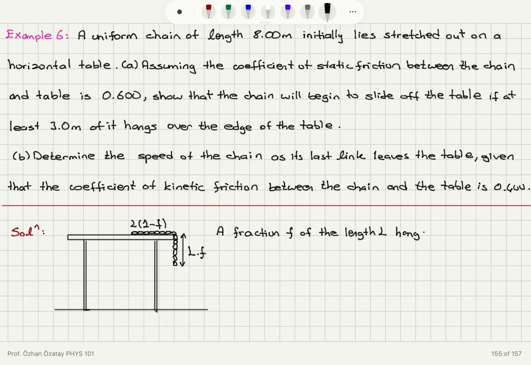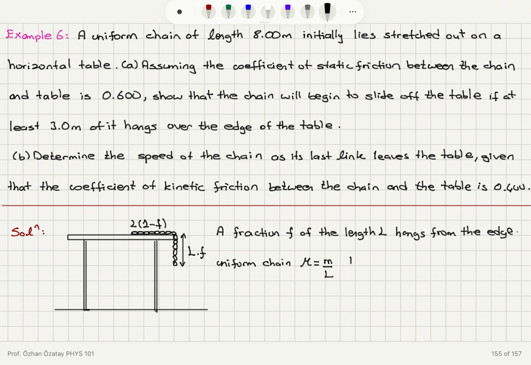This is a uniform chain. Being uniform basically means a uniform distribution of mass. The total mass divided by length is the mass density.